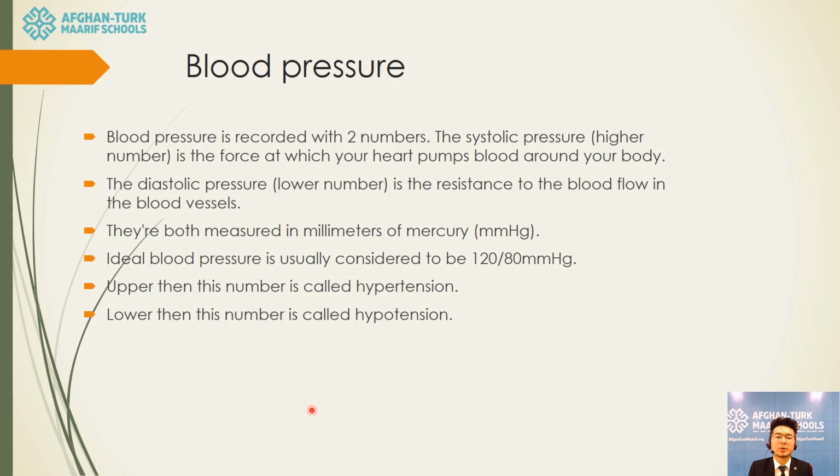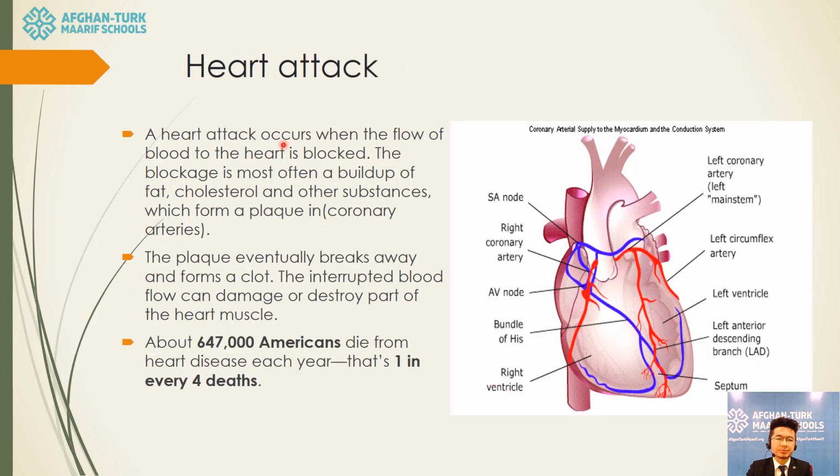They are both measured in millimeters of mercury. The ideal blood pressure is usually considered to be 120 over 80 millimeters of mercury. Higher than this is called hypertension, and lower than this is called hypotension.